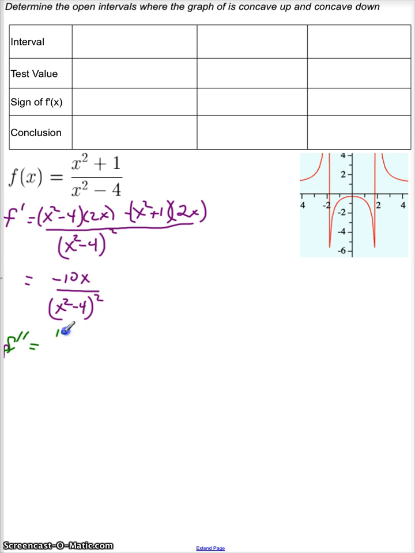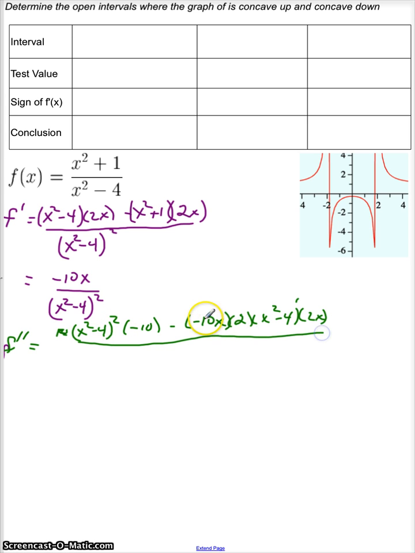So this is x squared minus 4 squared times the derivative of the numerator, which is negative 10, minus negative 10x times the derivative of the denominator, which is what, 2 times x squared minus 4 to the first power times the derivative of what's inside, so that's 2x, all divided by my denominator squared, which is x squared minus 4.